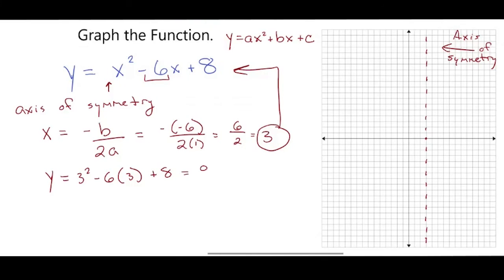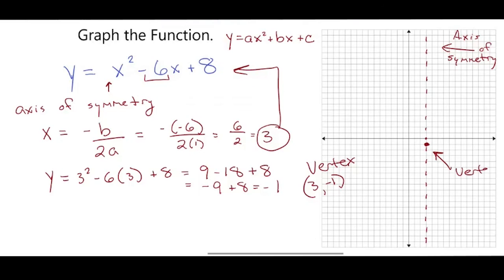Well, that's 9 minus 18 plus 8. 9 minus 18 is -9, plus 8 is -1. So our vertex is 3, -1. So we go to 3, -1, and I will label that my vertex.